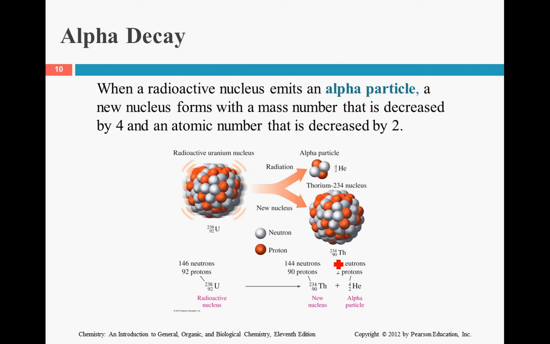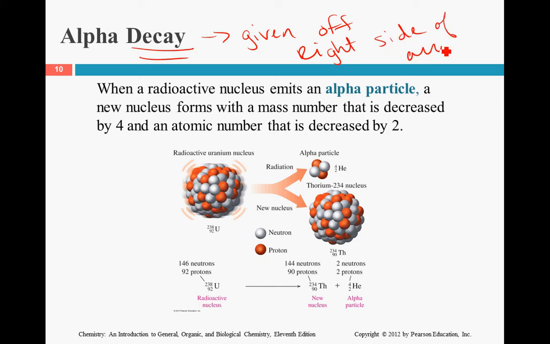So alpha decay, notice the word decay. That means it's given off, which means it's going to be on the right-hand side of the arrow. It emits an alpha particle, which we learned previously is a helium, 4 over 2. 4 is the mass number, 2 is the atomic number, and that's given off.